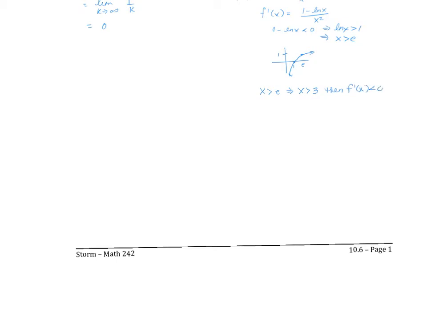That was a lot of work, which is why I usually take the limit first, because I don't want to talk about whether it's non-increasing if I don't have to.